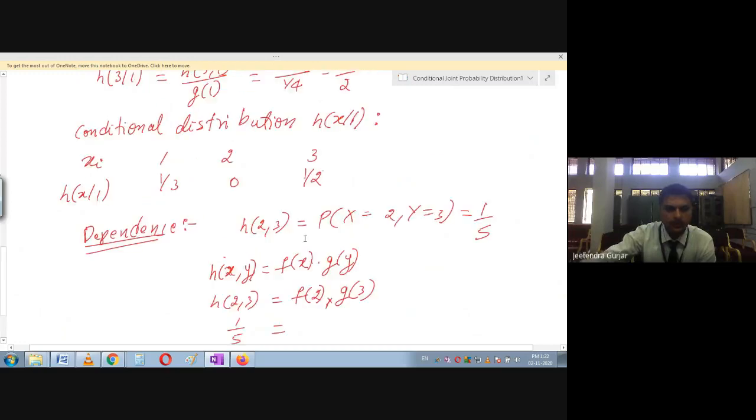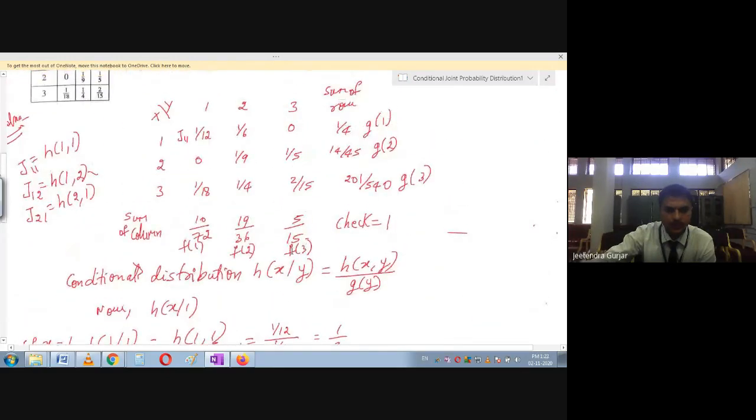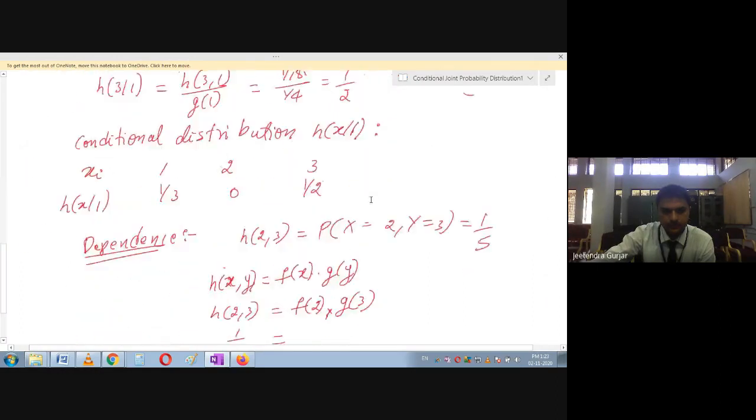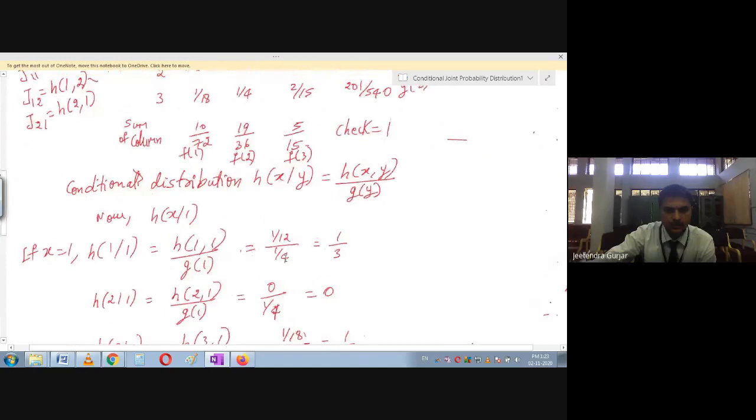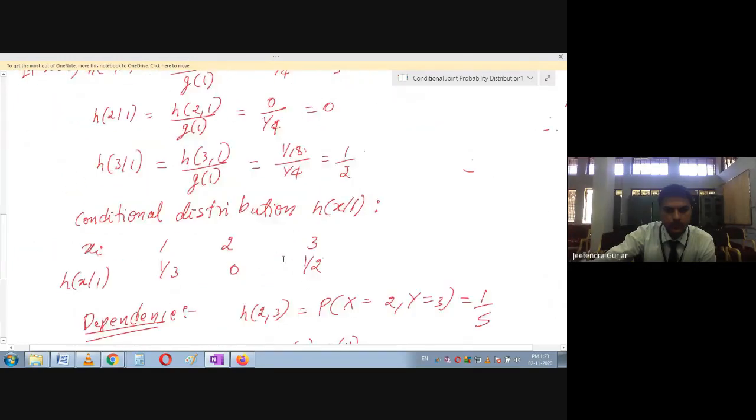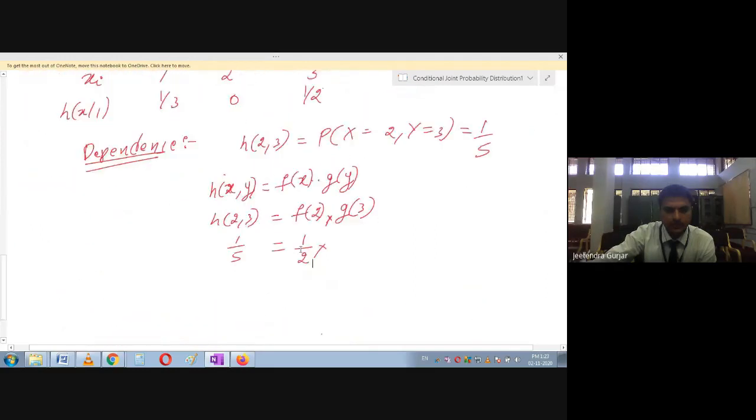Students, what is f of 2? Where is f of 2? I'm going to see here. Yes, f of 2 is nothing but 1 upon 4 and g of 3. So I will write here 1 upon 2 and g of 3. You can see here, students, f of 2, sorry, f of 2 is 19 upon 36.